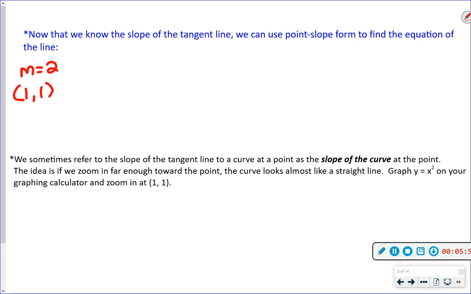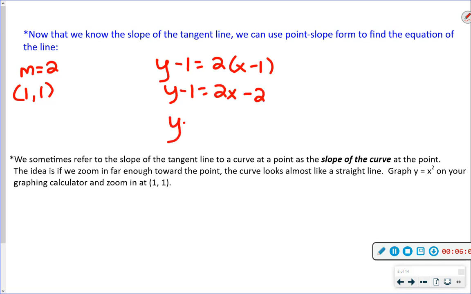I'm going to use point slope form. y minus the y coordinate equals the slope times x minus the x coordinate. I'm going to distribute, combine my terms, and do all this stuff. So 2 times x, 2 times negative 1, and let's just add 1 over. So now I have the equation of my red tangent line.